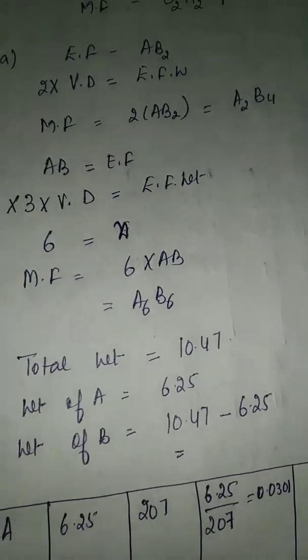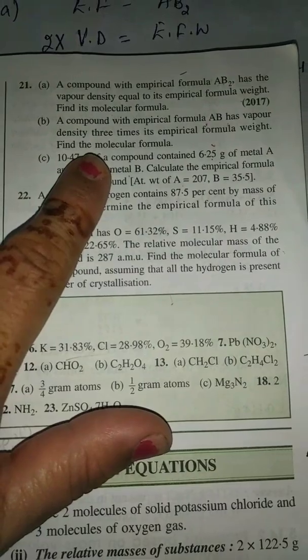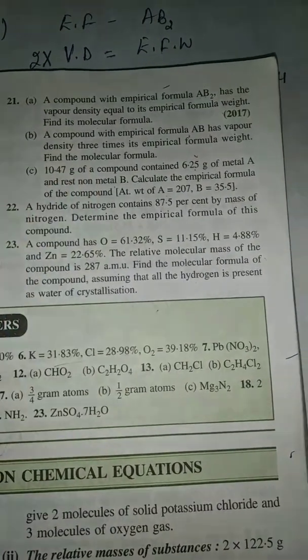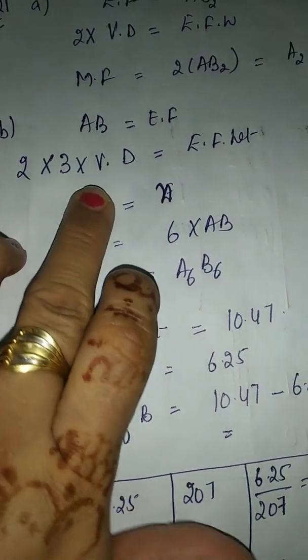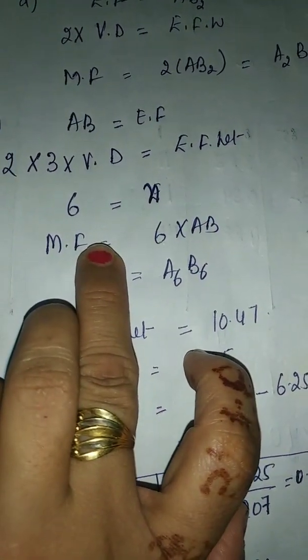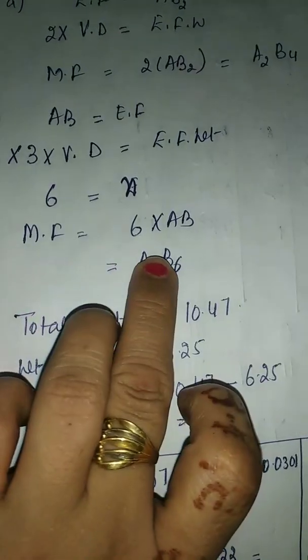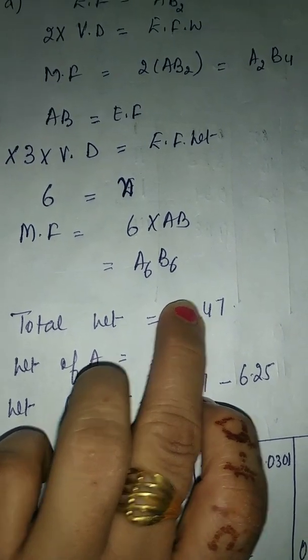B part. A compound with empirical formula AB has vapor density 3 times. Find the molecular formula. So 3 times means 2 multiplied by 3, that is equal to empirical formula weight, n is equal to 6. So molecular formula will be equal to 6 into AB, that is A6B6.